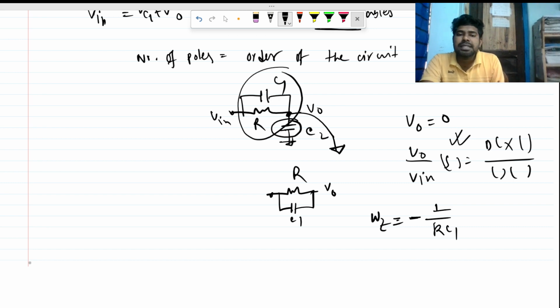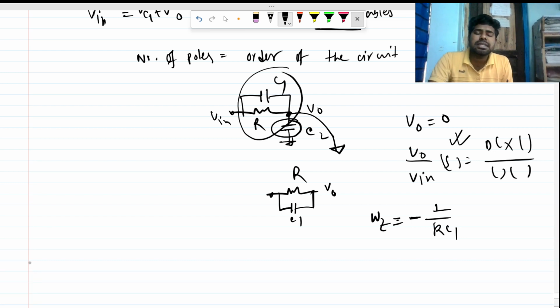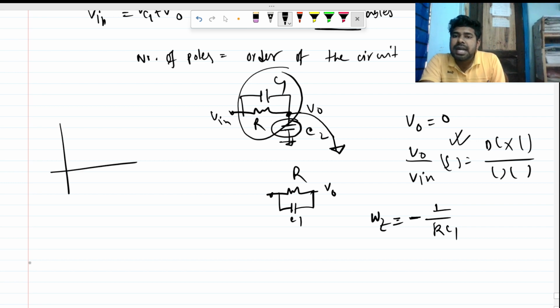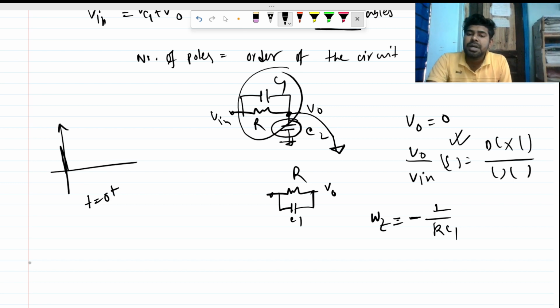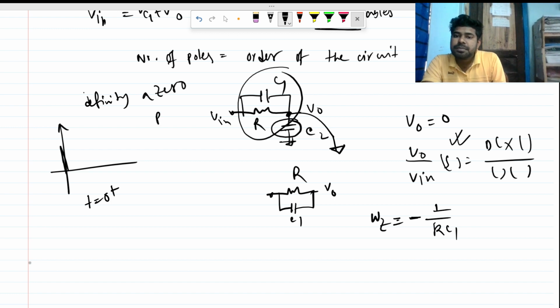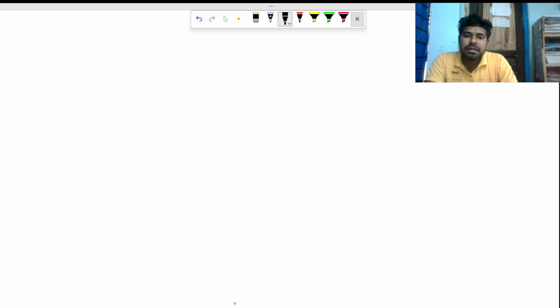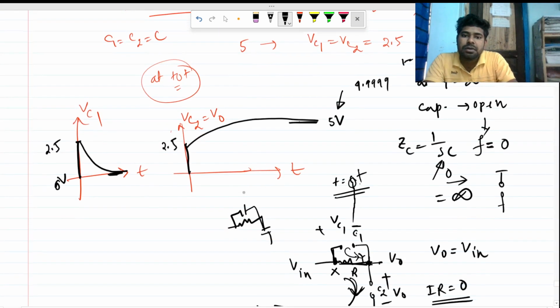Another way to find the zero: intuitively, how can we see if there is a zero or not? If there is a sudden jump at t equals 0 plus, that means there is definitely a zero present.